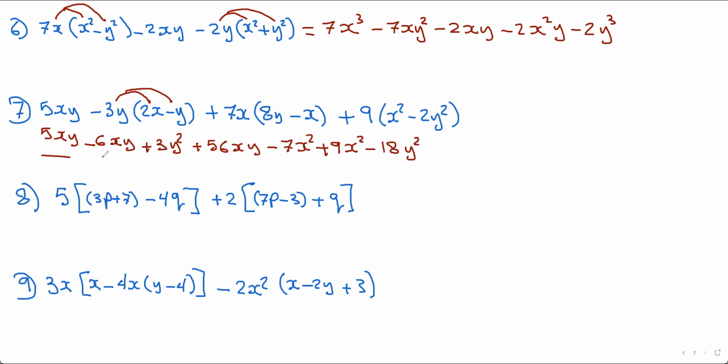Like terms, this, and also these are like terms. So 5 minus 6 is negative 1. Negative 1 plus 56 is 55xy. So 55xy.